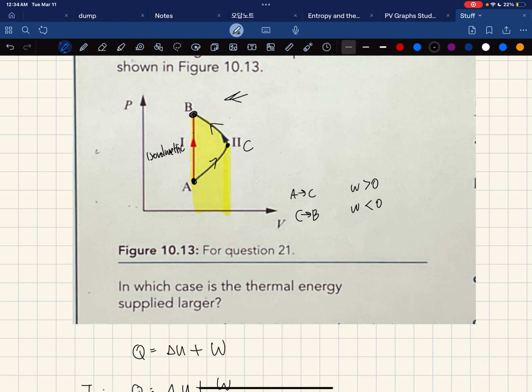But then remember that the magnitude of C to B is higher. So if we add work done for A to C plus work done for C to B, we have a negative number.